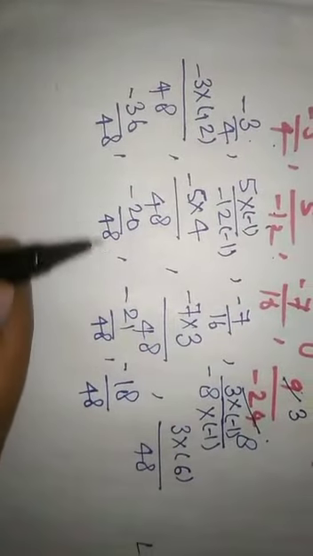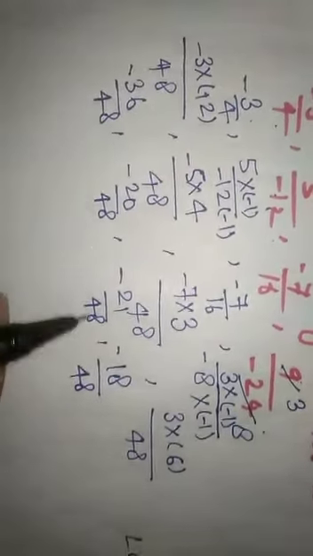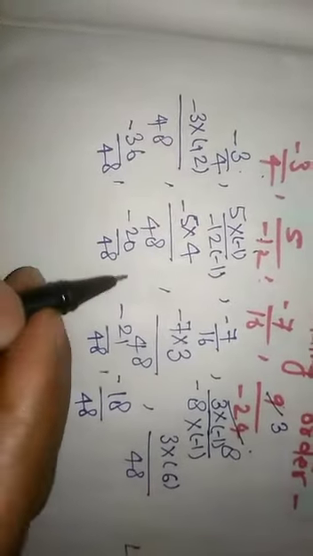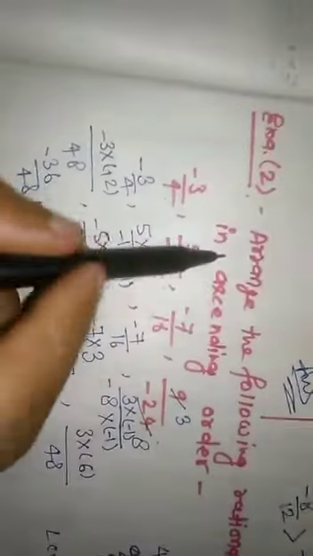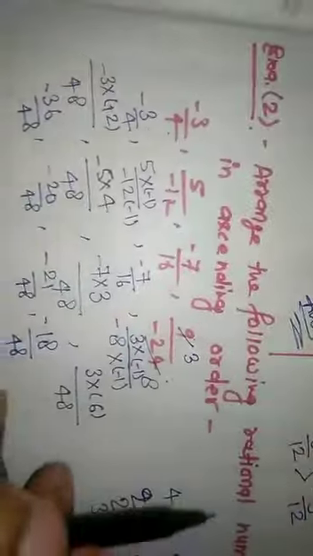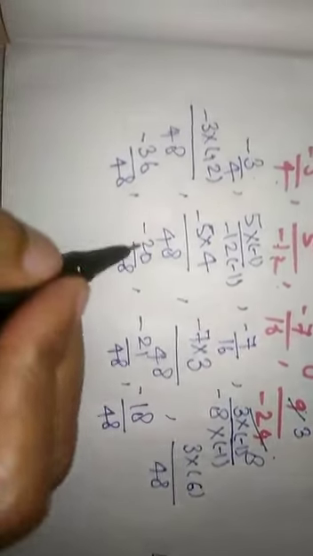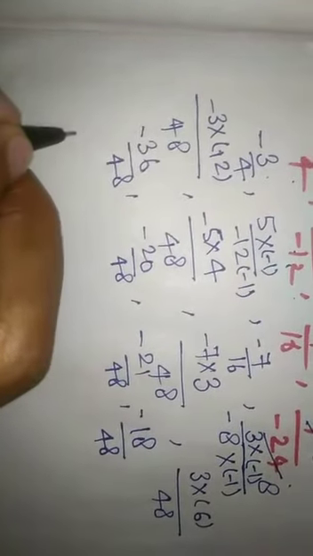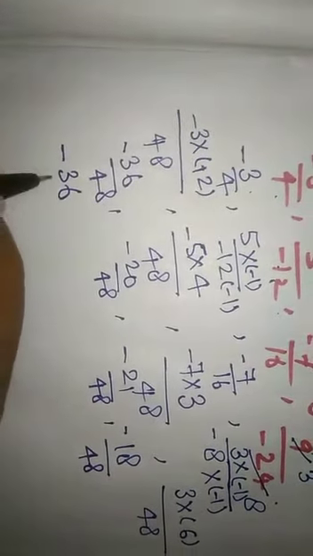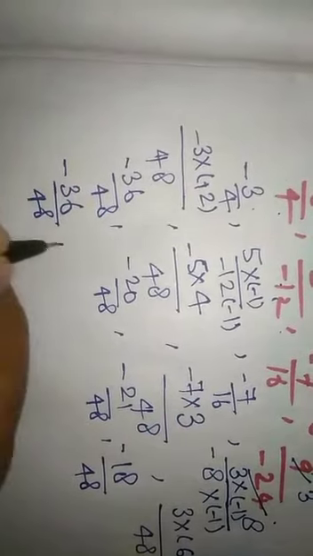Now all of these denominators are the same. So we write in ascending order. So first write the smallest numerators. Minus 36 by 48.